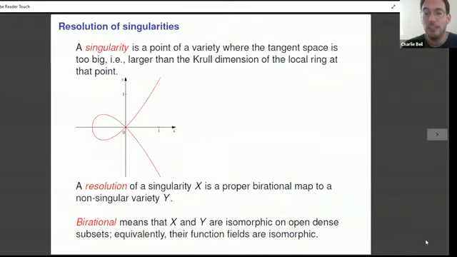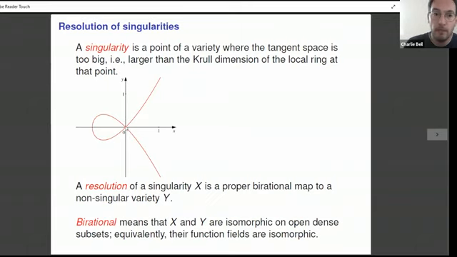Okay, so now I'll say a few words about singularities and their resolutions. A singularity is a point of a variety where the tangent space is too big, so the tangent space is larger than the Krull dimension of the local ring at that point. If you take this cubic curve here, the tangent space at any point along the curve except where it crosses itself is just 1-dimensional, a tangent line.